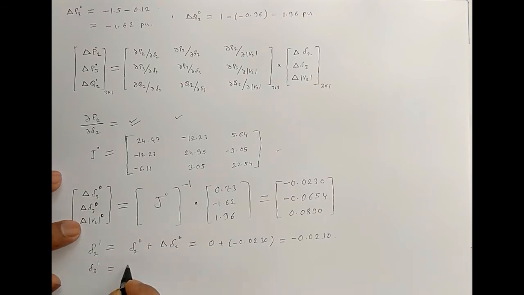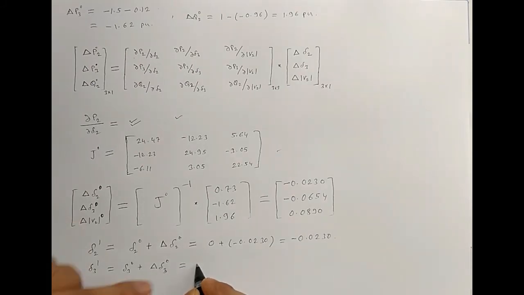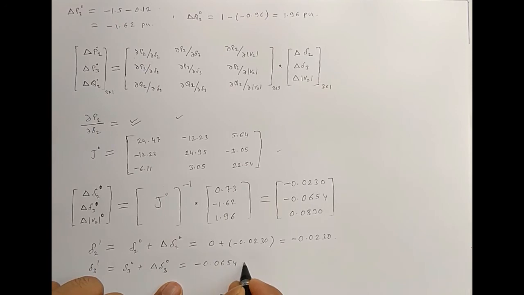0.0230. Similarly, delta 31 will be delta 30 plus the correction of delta 30, which is equal to 0 plus this thing, because in the initial condition we have assumed all these are 0 degree angle. So this will be minus 0.0654.